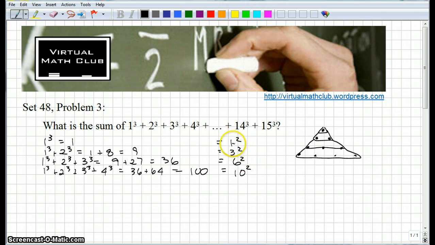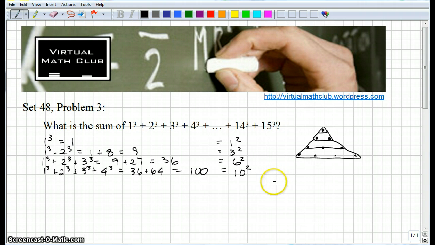You could see that you add 2 to go from 1 to 3, you add 3 to go from 3 to 6, you add 4 to go from 6 to 10. So you can see that you're adding consecutive numbers each time. So there's a pattern there.